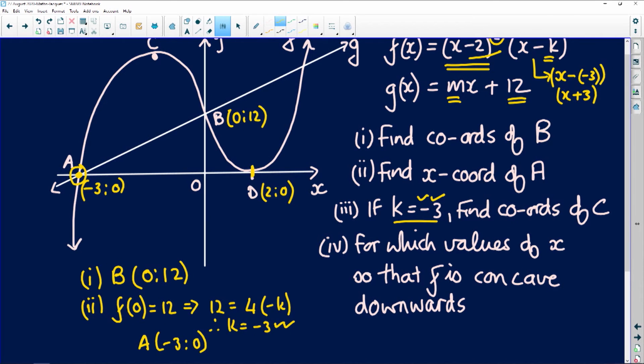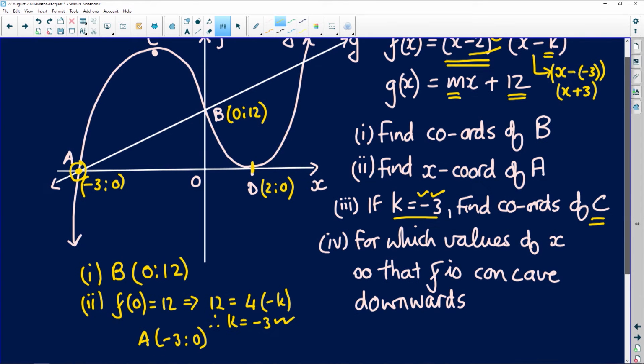Don't go back and fiddle with number 2, okay? You will get a mark for the substitution. You won't get a mark for the correct answer, okay? Just use the k value that they gave you to go forward with the problem. So they said k is 3. We put the k equal to 3 in, and we're now going to find the coordinates for C.